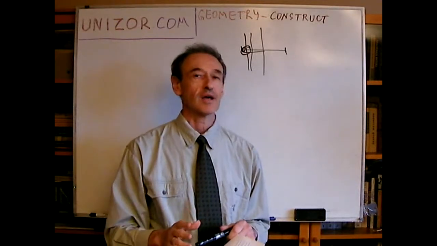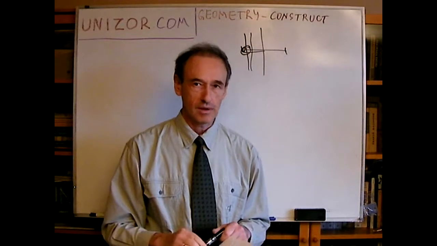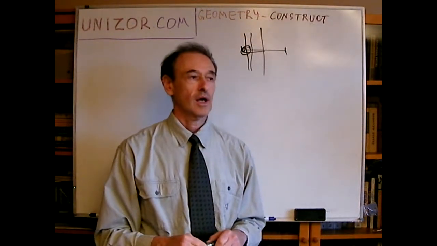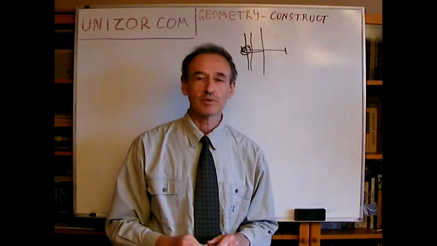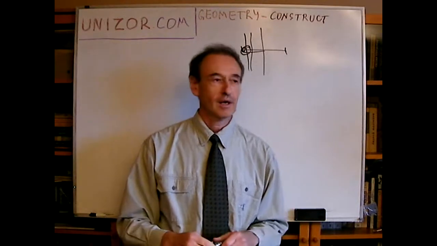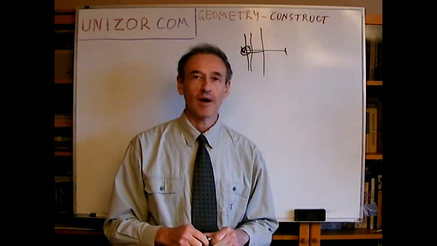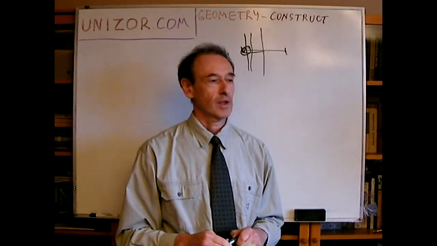You can divide a segment into any number of parts, 3, 5, 27, whatever you want. Well, there is a similarity between dividing segments and dividing angles, but this is the difference. So segments can be divided basically into any number.